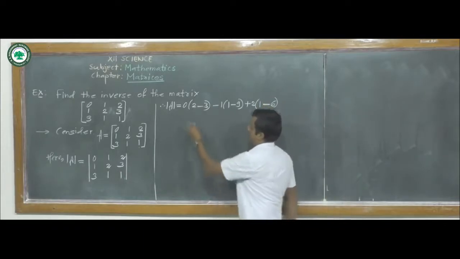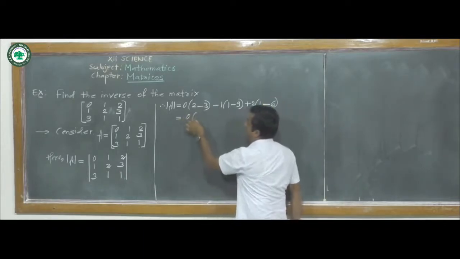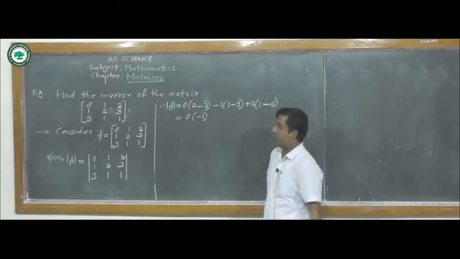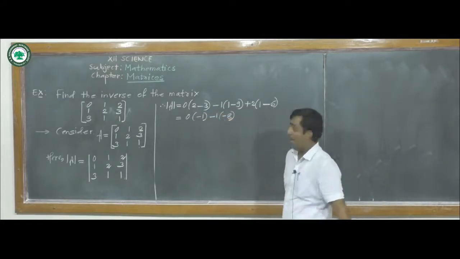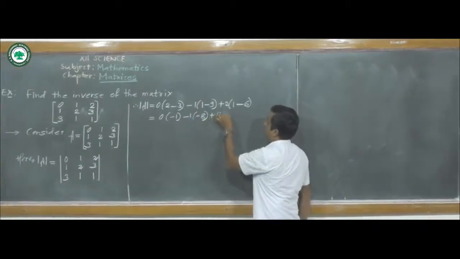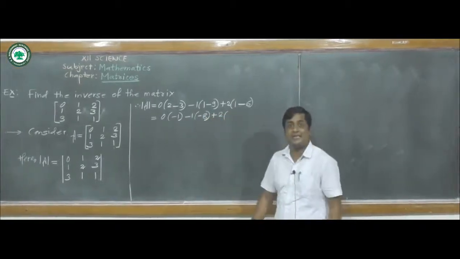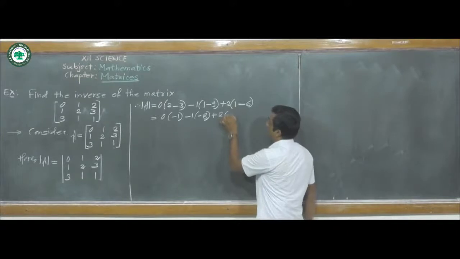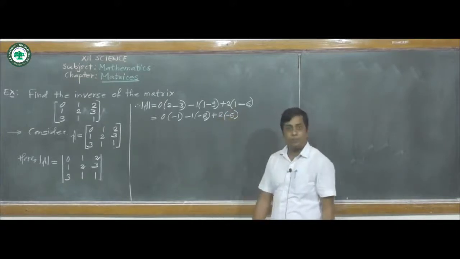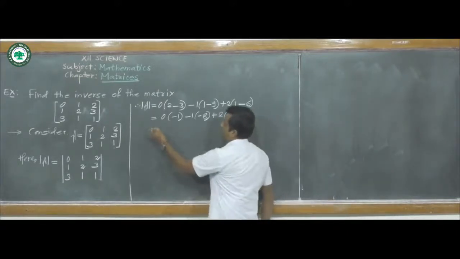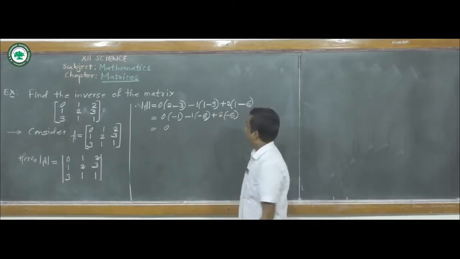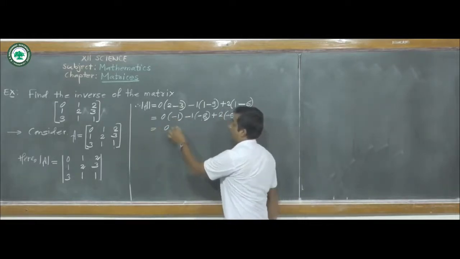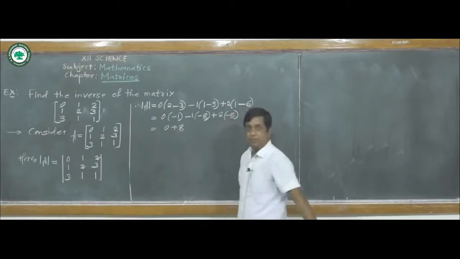Now this is equal to 0 into minus 1, then minus 1 into minus 8, next plus 2 into, we know 1 minus 6 is minus 5, so minus 5. Now this is equal to, we know 0 into any number is always 0. Next minus 1 into minus 8 is plus 8.